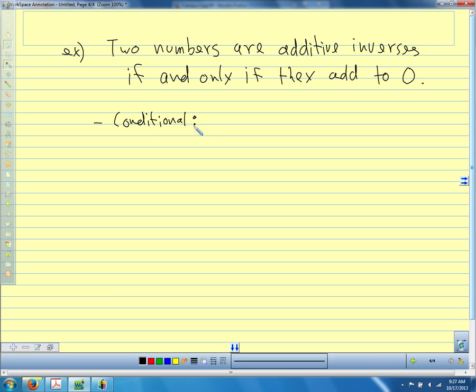So let's write a conditional. We're taking this apart into two pieces. So for our conditional, I'm going to say if. And what do we want to write for the first part of our first conditional? Can you help me out, Maddie?